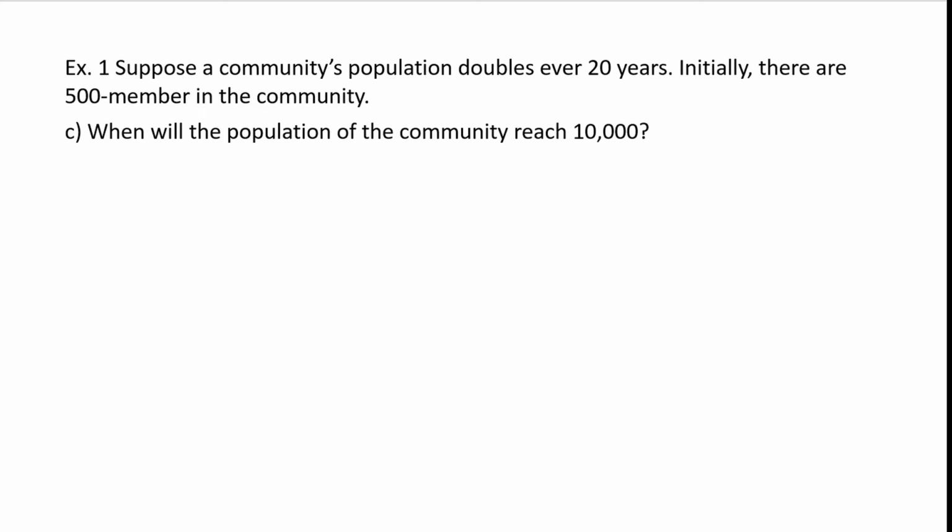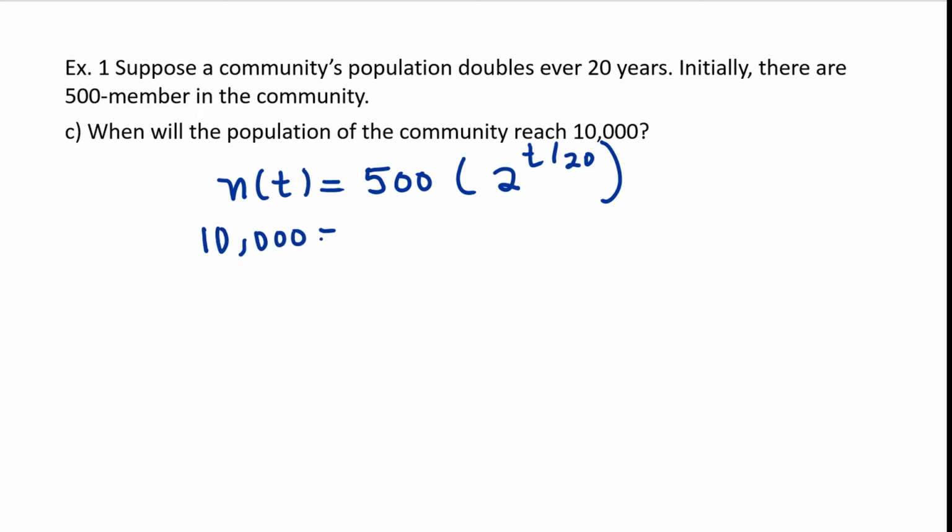When will the population of the community reach 10,000? So now we take the equation we previously obtained, which was n of t equals 500 times 2 raised to the power of t over the doubling time, which is 20 years, and we want to get to 10,000, so we'll do 10,000 equals 500 times 2 raised to the power of t over 20.